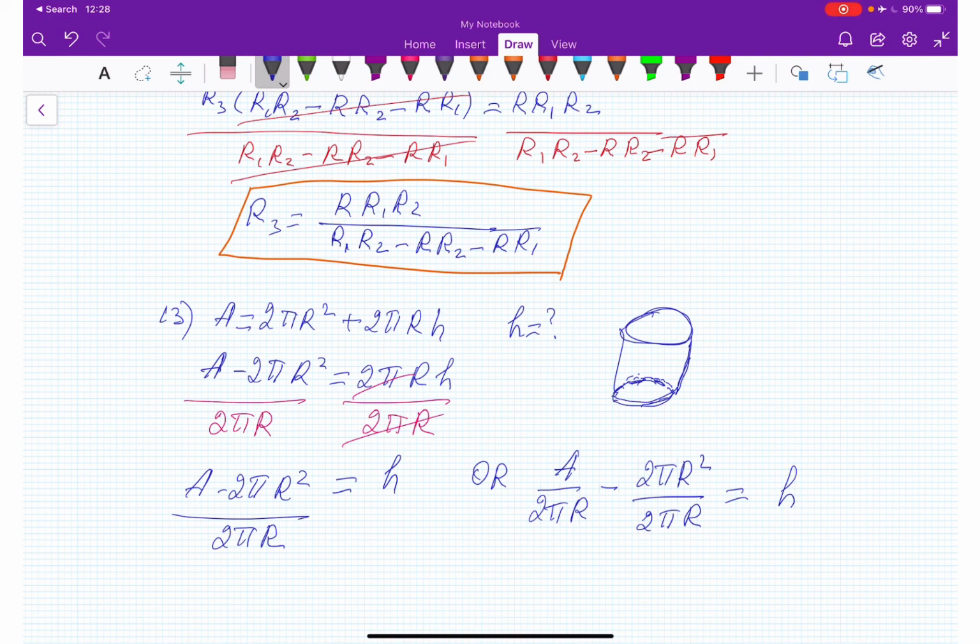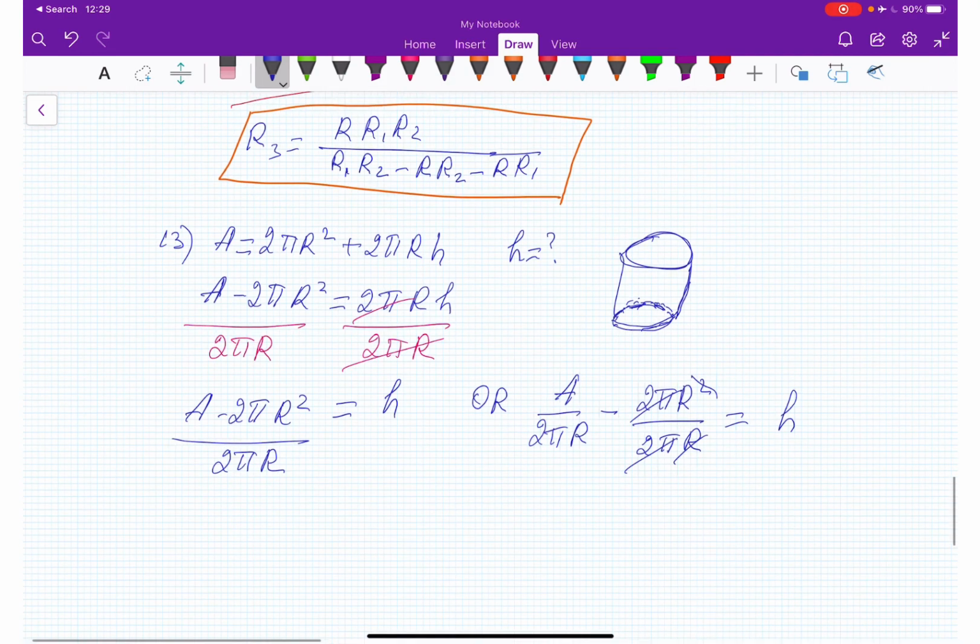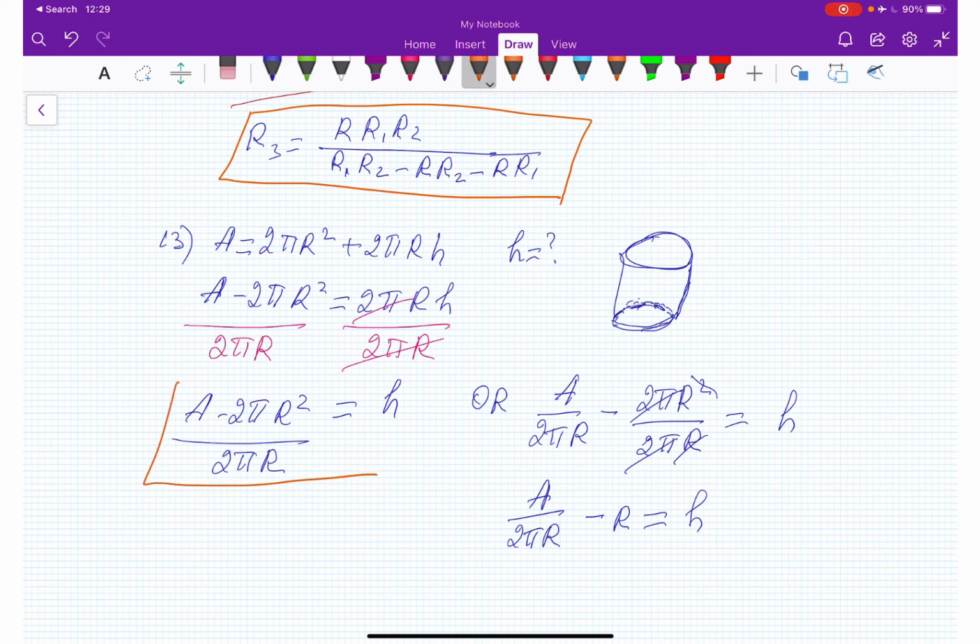So this 2 pi is gone with this 2 pi, and the square is gone with r. So I will have A over 2 pi r minus radius is equal to h. This is also a solution. So you have two of them. This is one. And this is another one.